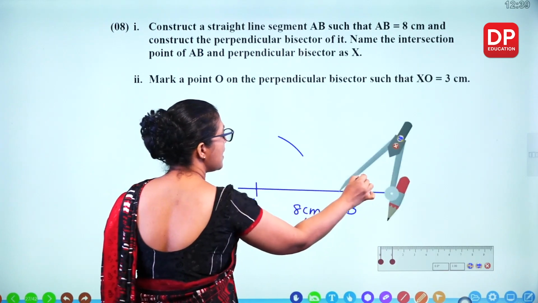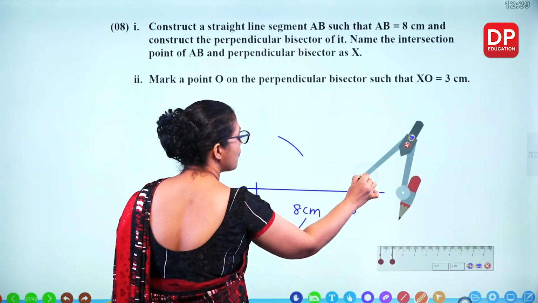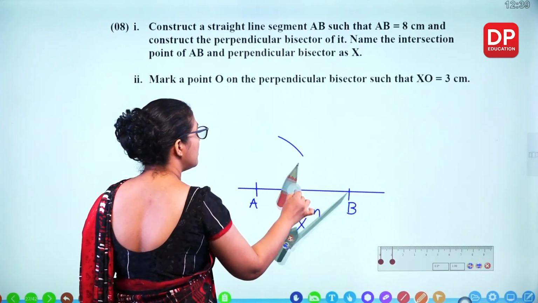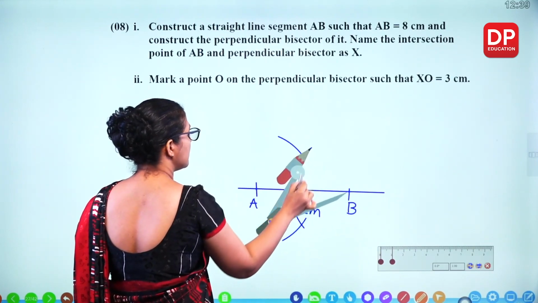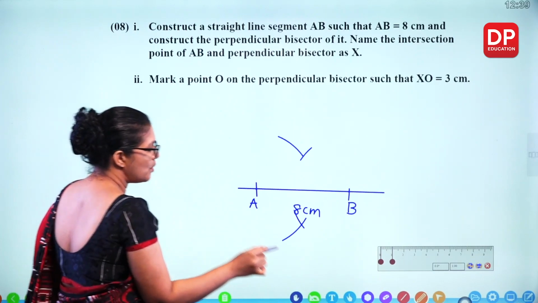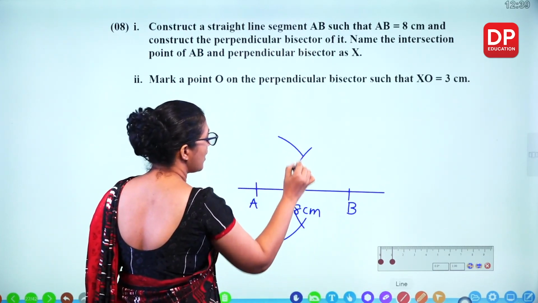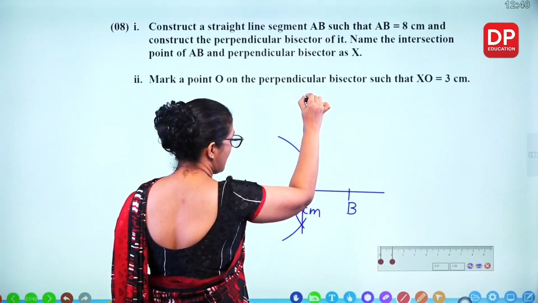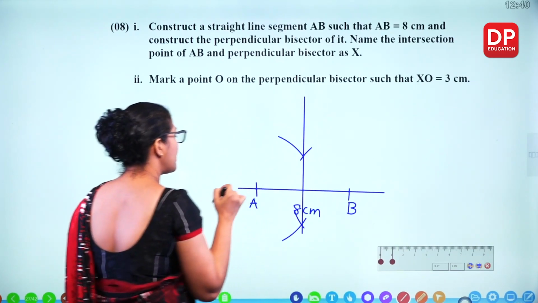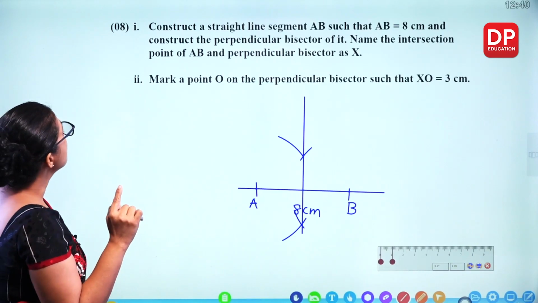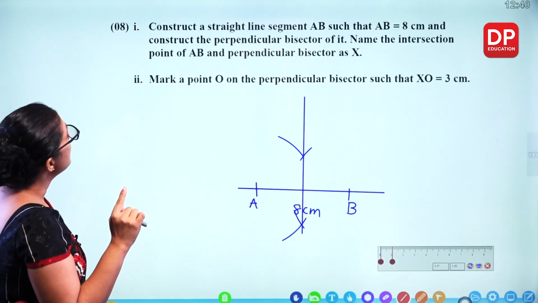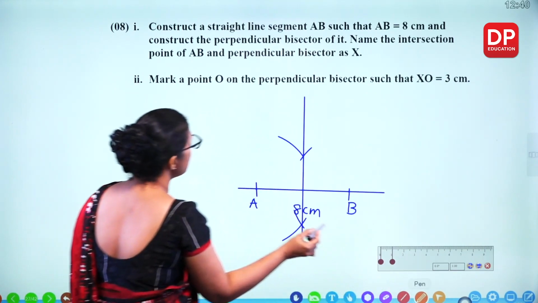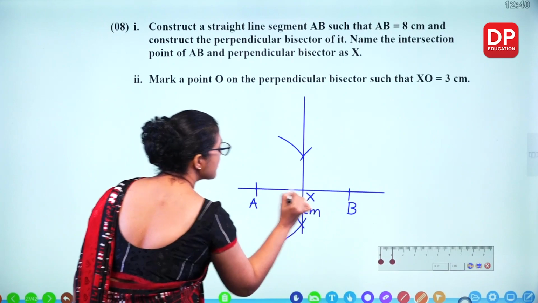And keep the same distance and draw the arc from B. Keep it here and draw here and another arc here. Now we have the two intersecting points. You can connect here to here. That's the perpendicular bisector. So what it says, name the intersecting point of AB and the perpendicular bisector as X. So this is X.